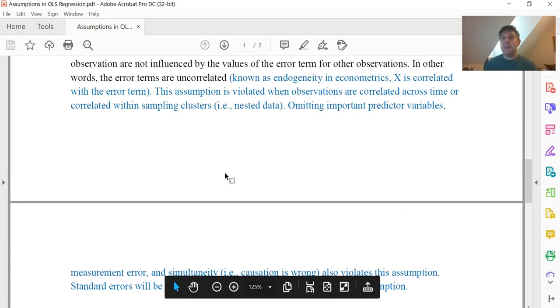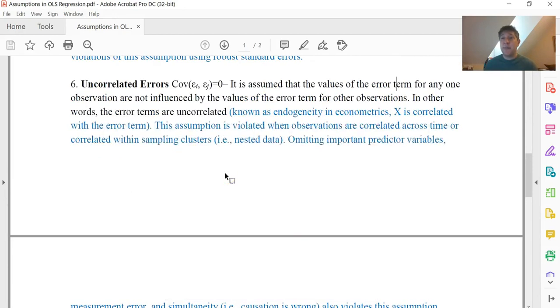Violating this assumption will typically have a consequence for the coefficient estimates and the standard errors. If we're omitting an important predictor variable, then that's going to bias the coefficient estimate for any of the other predictor variables that are correlated with that omitted variable.